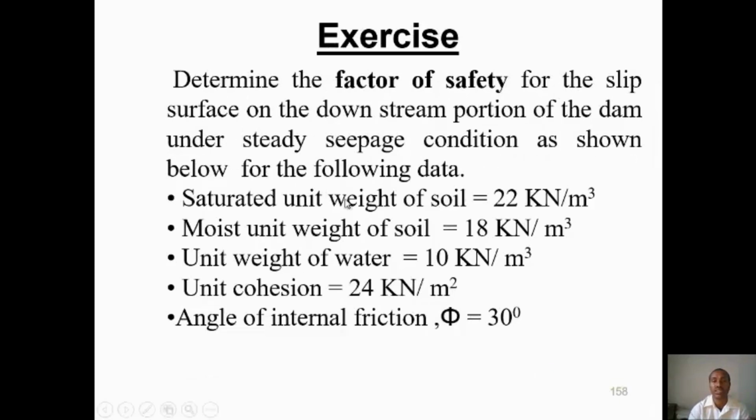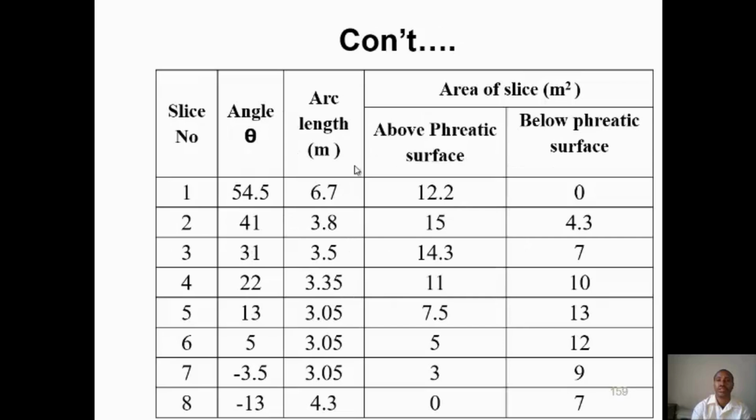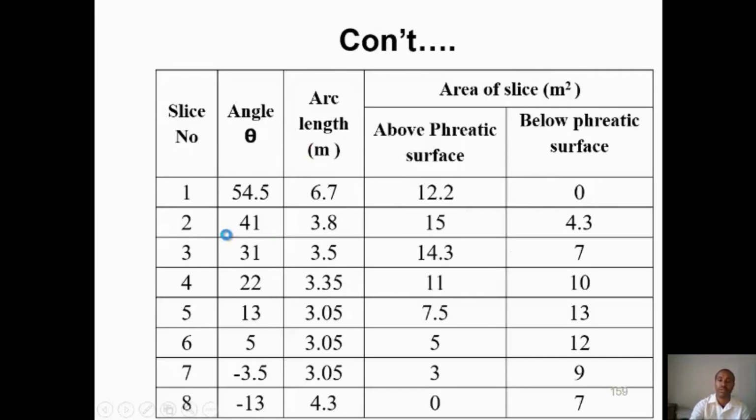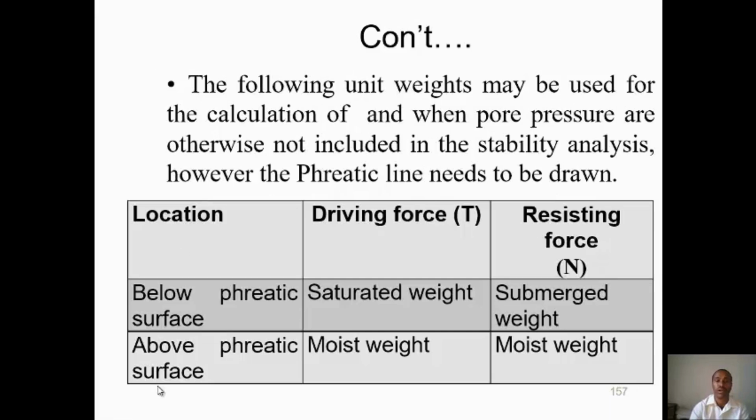So this is an exercise. I think it is included in your tutorial exercise. Then you will try it, and you have the areas above and below the phreatic line given. This is a drawing. If the phreatic line is fully below, you will take from this table, above the phreatic line, the moist unit weight for driving force and the moist unit weight for resisting force.